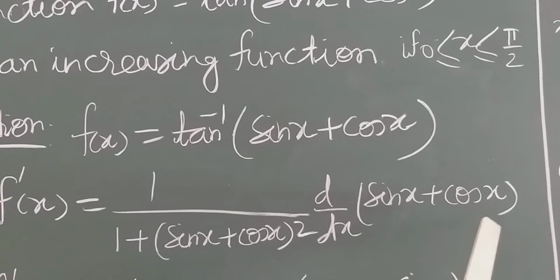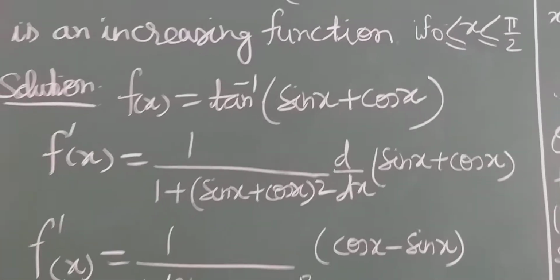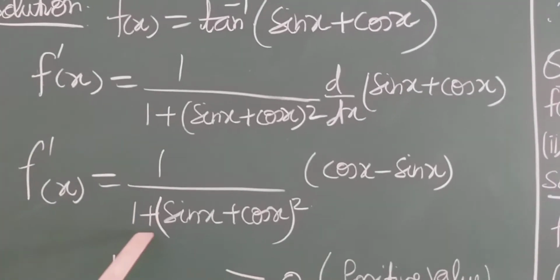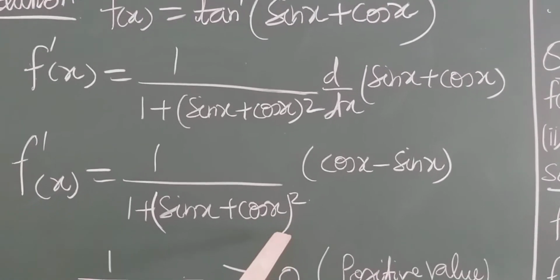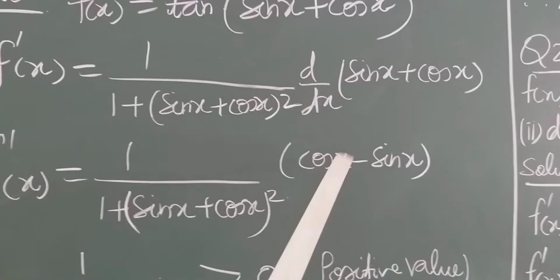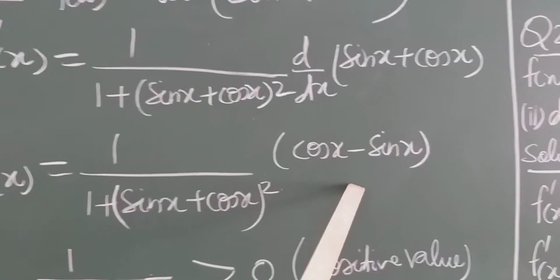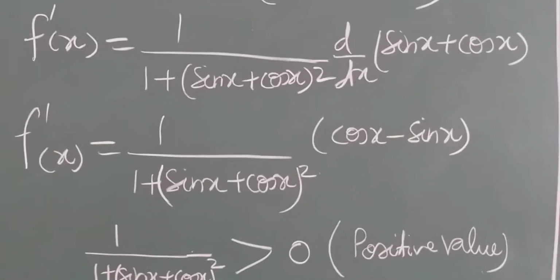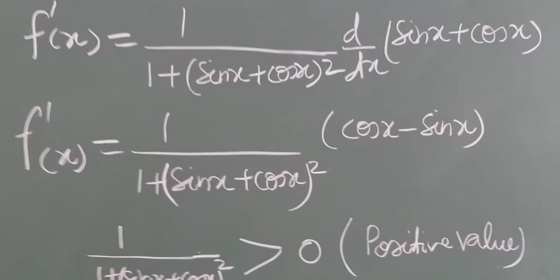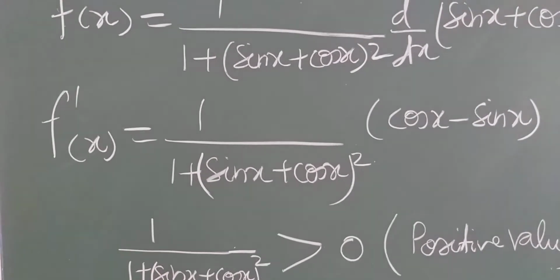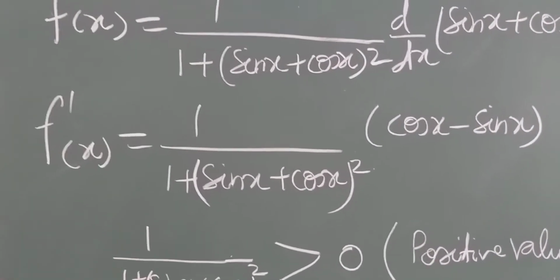Now f'(x) equals 1 upon 1 plus (sin x + cos x) whole square, then the derivative of sin x is cos x, and the derivative of cos x is minus sin x: (cos x minus sin x). Now students, you can see it is a whole square, and we know that a whole square is always positive or 0.